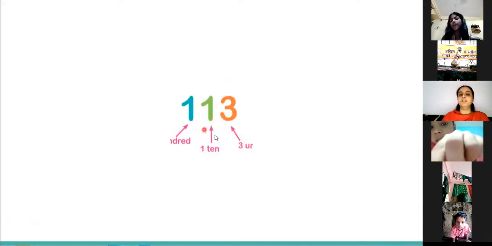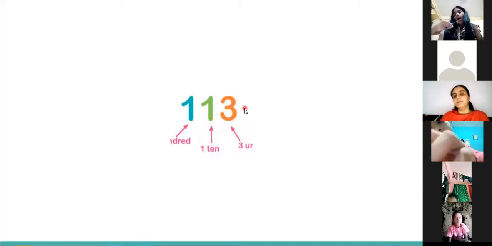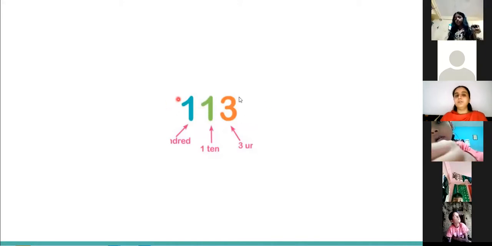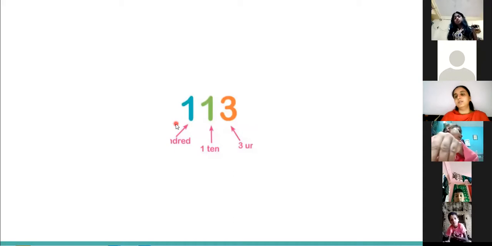On the tens place we have 1. And on the hundreds place we have 1. So we will read it as 113. So when we read, we start from the hundreds place, right? And when we are looking at the number, we look at the units, tens, and hundreds place. All right.